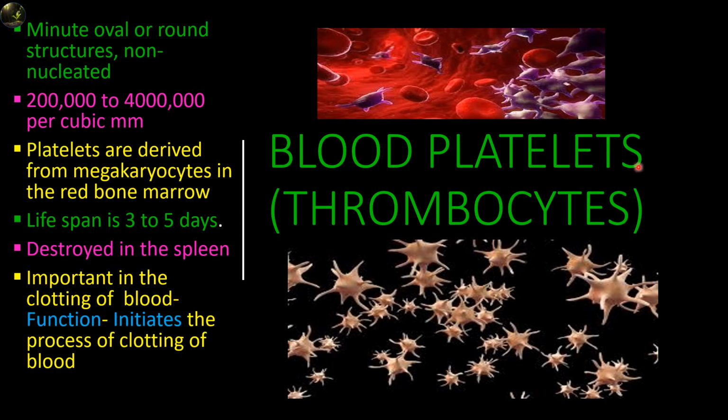What is the main function of platelets? It initiates the process of clotting of blood. While writing in the examination, you have to write the term initiates, otherwise you will not get the mark.